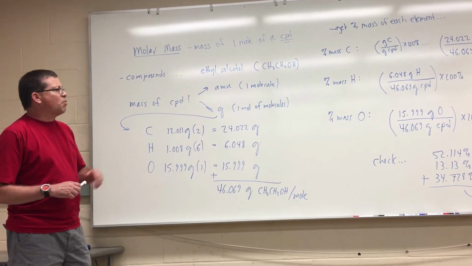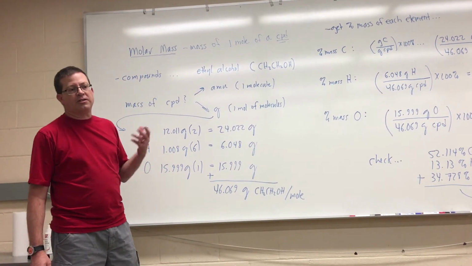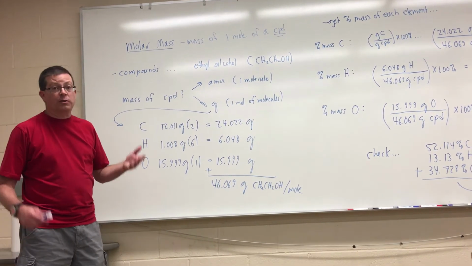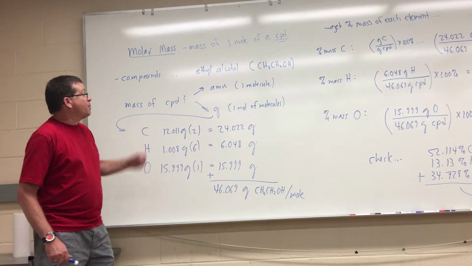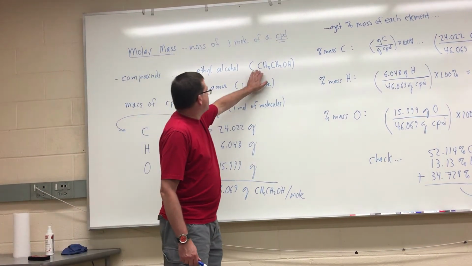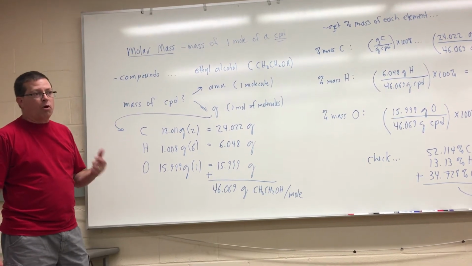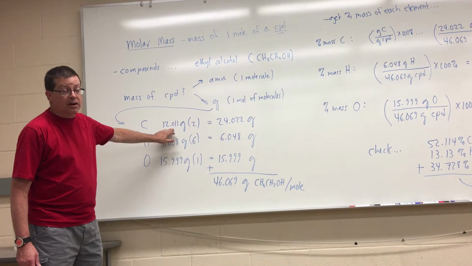So what I want to do is basically just deconstruct this thing in terms of the number of carbons, hydrogens, and oxygens we actually have in a formula unit of the compound. In other words, in 1 mole of the compound. So if we count up all the carbons, it looks like I've got 2 carbons here in the formula, and each carbon, in terms of its mole quantity, has a mass of 12.011 grams of carbon, right?